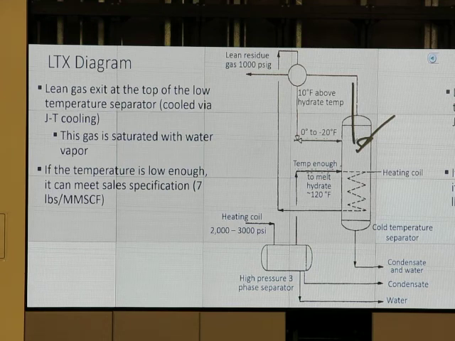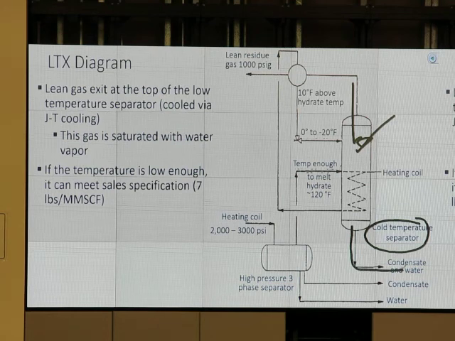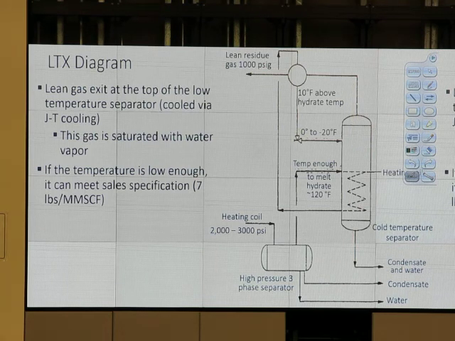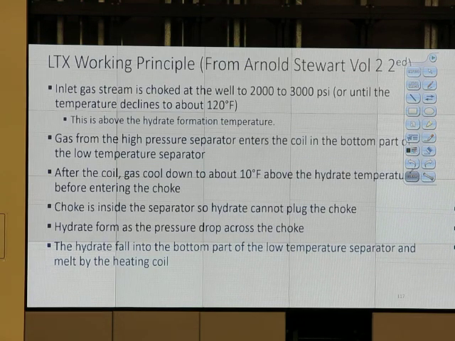When it goes in here, it has the choke, the temperature drops, condensate and water come out, but we don't have hydrate plugging because the hot stream from the LTX is used to melt the hydrate. Is this accurate, Danny?